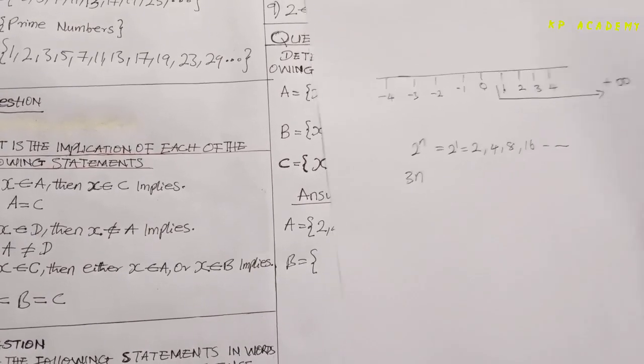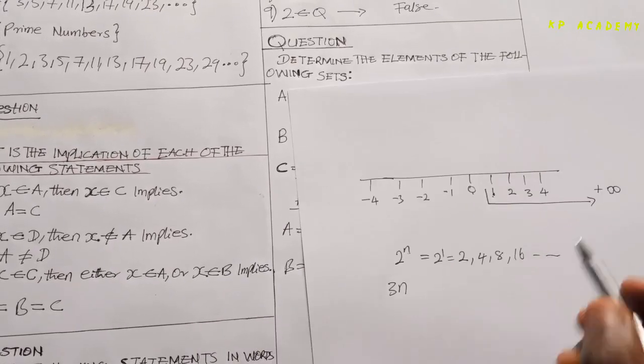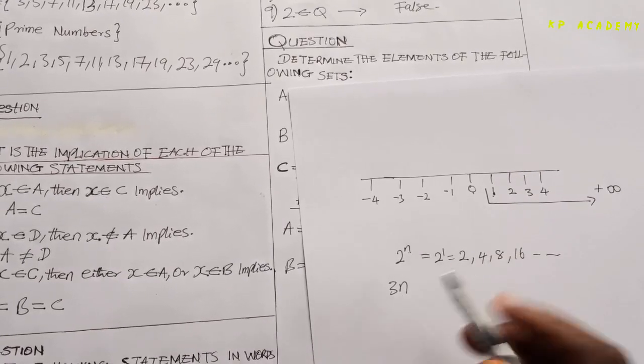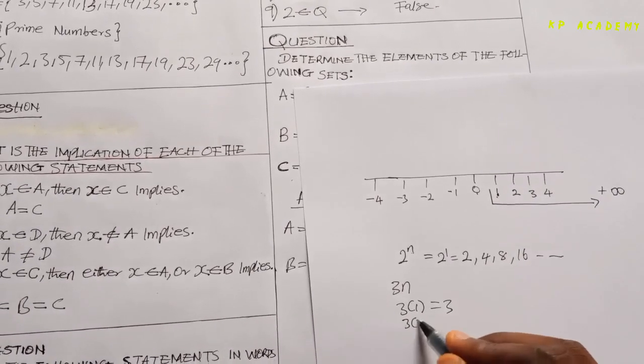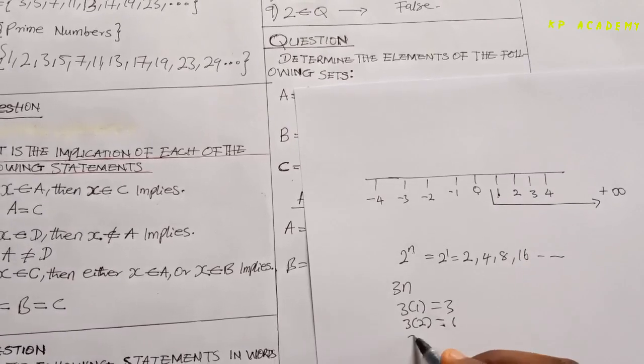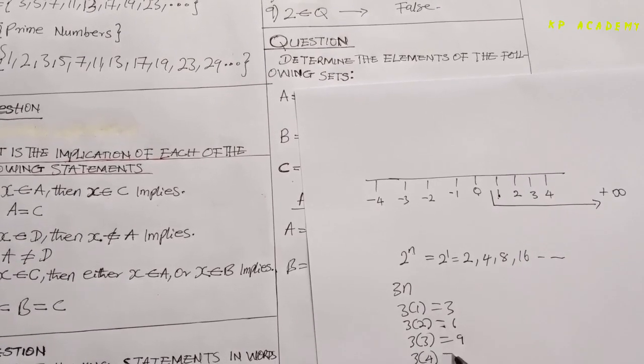Now, what we are going to do next is pick 1 and put it in here. So it will be 3 into 1, which is equal to 3, 3 into 2, which is equal to 6, 3 into 3, which is equal to 9, 3 into 4, which is equal to 12, and so on and so forth.